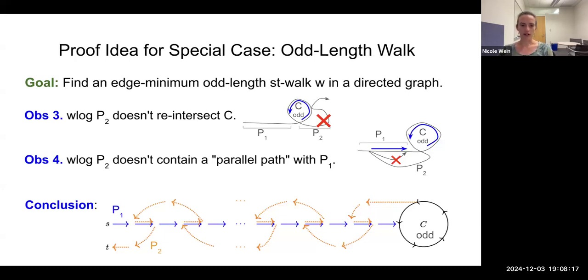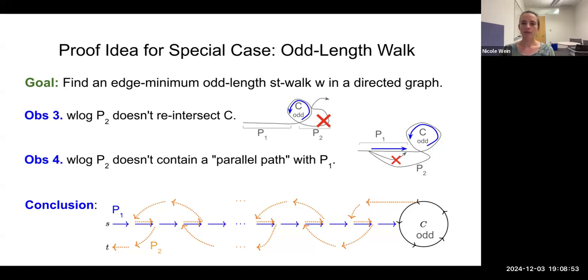And it's visually clear that this graph has a small cut width, because we can look at the ordering of all the vertices according to the horizontal order of how they appear in this picture. And then if you look at any vertical cut, for example, like this, you'll notice that at most 3 edges actually cross this cut. And that's the important property that we need in order to do dynamic programming.